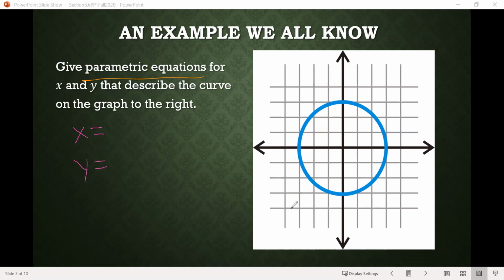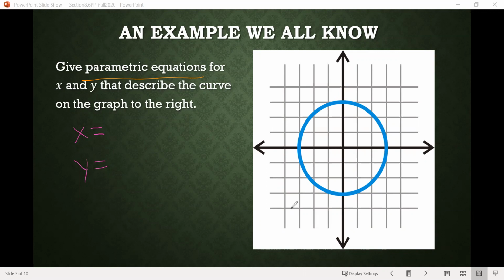Well, if you think back to section 8.2 when we talked about polar coordinates, we already have a way to think about this, right? We know that we can write the formula for a circle using polar coordinates, where x is given by the form r cosine theta and y is given by the form r sine theta.